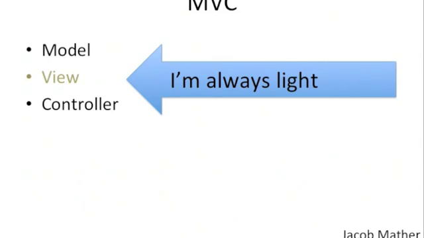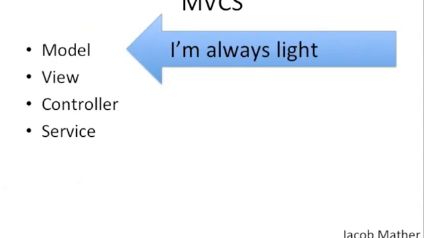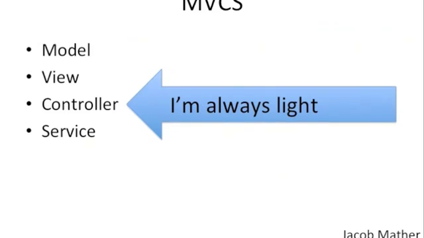Now, people do have this debate of where that set of logic should be, because you have your business rules. Some people put them in the model and some people put them in the controller, and so that has spawned MVCS, which has model, view, controller, and a service layer that all of your business logic then goes into. So now you have your model that's always light, your view that's always light, and your controller that's always light.